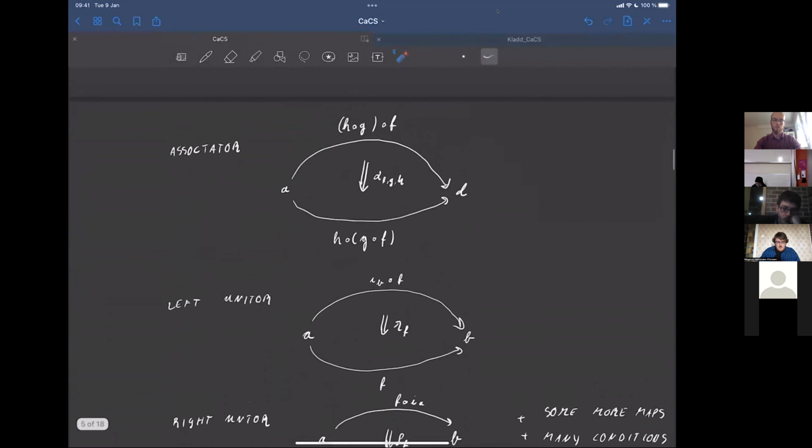It's that the one composition is associative, but not on the nose, but up to a two arrow which is invertible. So in this weak setting, if we are going to make tuples, we are in a bit different situation than in the classical theory.